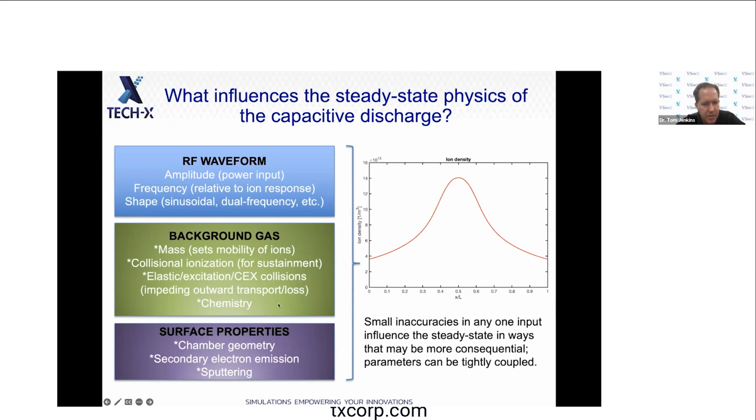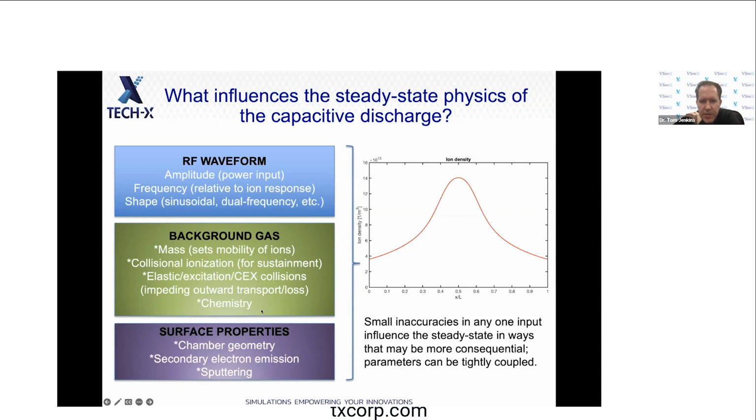And also the chemistry, that's probably obvious. If I have a discharge in air, it's going to be vastly more complicated than if I have a discharge in argon. And then lastly, you could look at the surface properties of your device as well. If your chamber has a complex geometric structure, it's going to be different than if it's just a planar capacitive kind of behavior. Do you have secondary emission of electrons as particles hit the walls? Do you have sputtering as particles hit the walls, etc.?